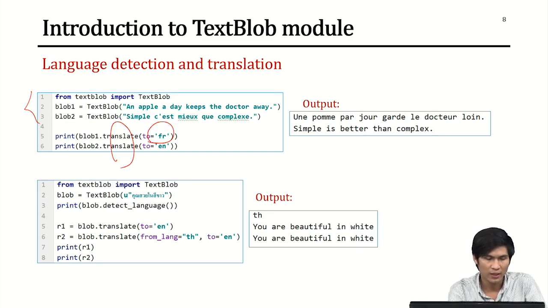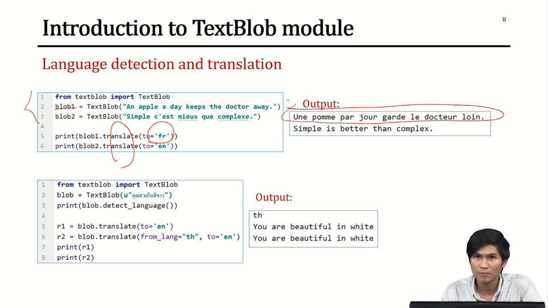For example, the TextBlob in blob 1 here stores English words, and next we want to translate into French. So this is the output from blob 1, which in the source language says an apple a day keeps the doctor away. When we translate this to the French language, we have this output.